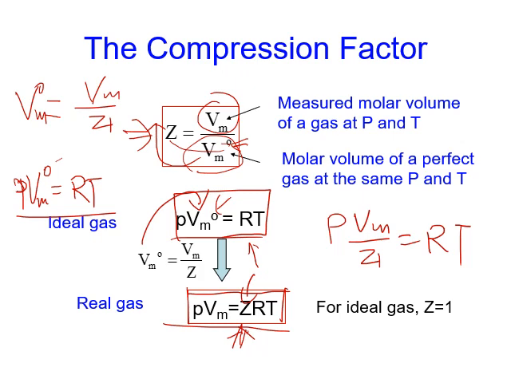If it's a real gas, then you need to find the Z factor. If we have the Z factor for a real gas, then just as if using the ideal gas law, we can calculate the volume or pressure or temperature if we know the other parameters.